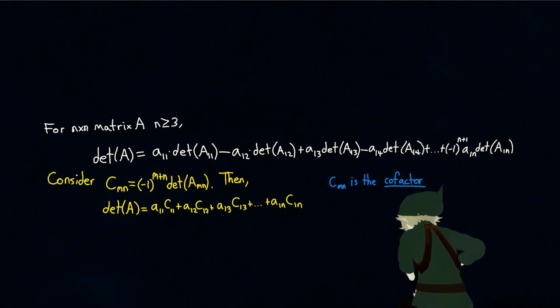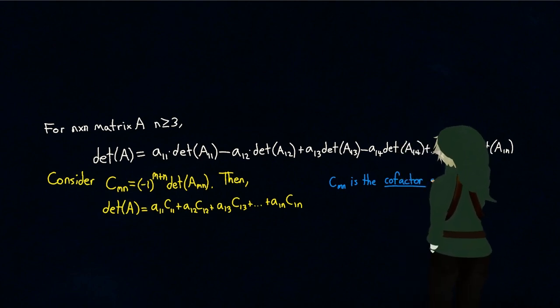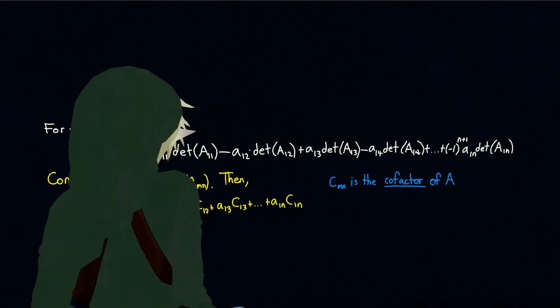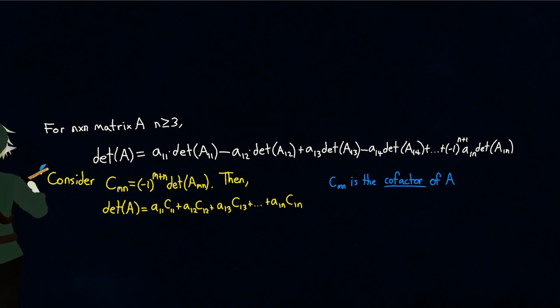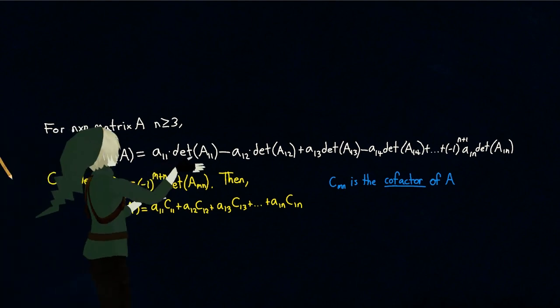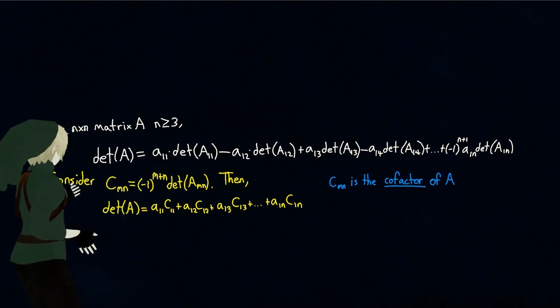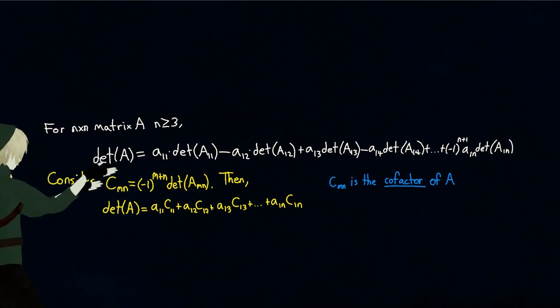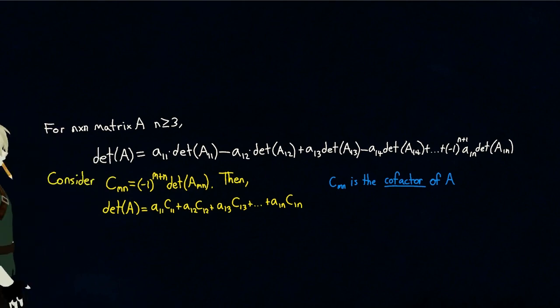We call it the cofactor of A, of matrix A. So this is how we get our formula. This is how we come up with finding determinants for big, gigantic matrices.